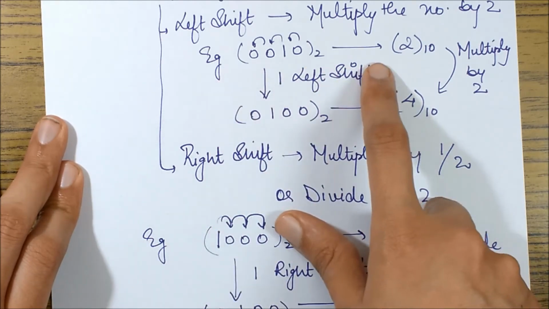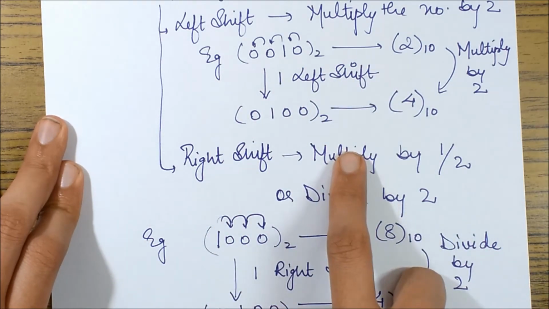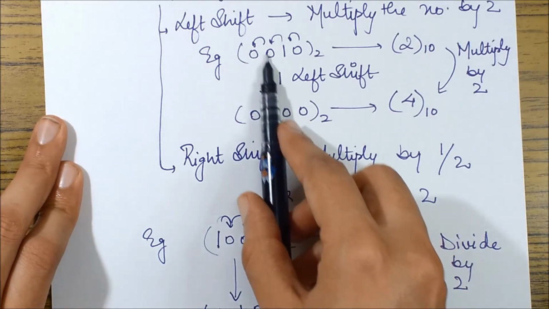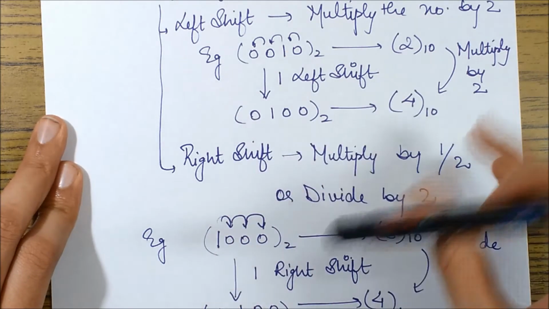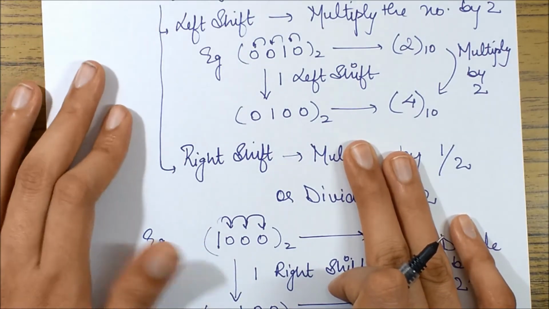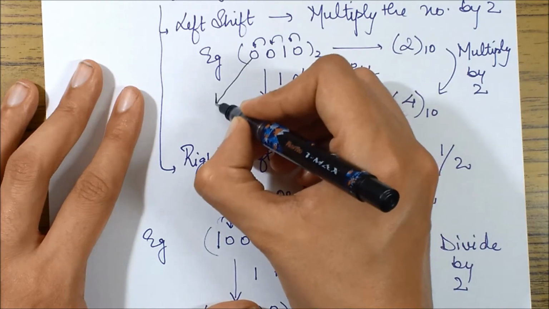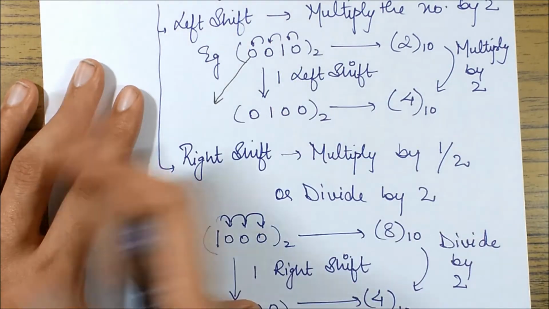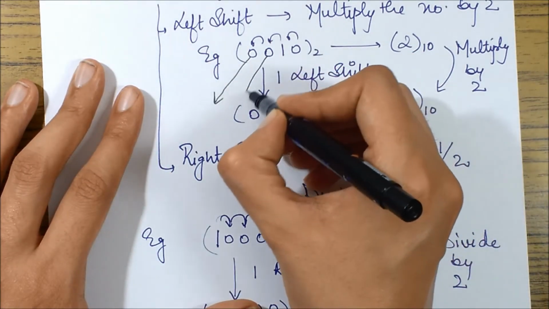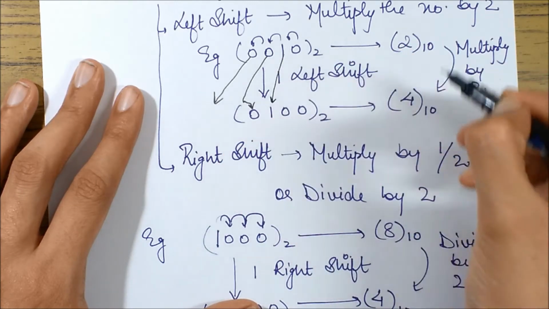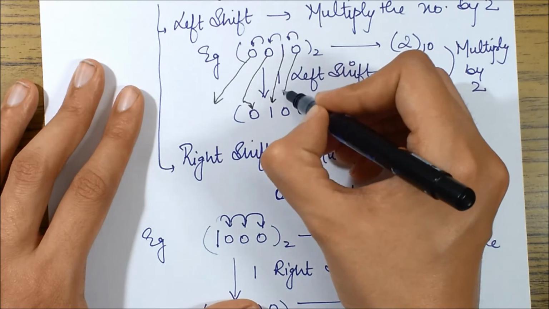So you see, when I shift the bits on the left-hand side, the entire number which was represented as 0010 has now become 0100, right? What I've done is I've just shifted these bits one bit at a time. So if I map both of these for clarity, this 0 has gone over here, which is now out of bound. This 0 has been shifted over here, this 1 has been shifted over here, and this 0 has been shifted over here.